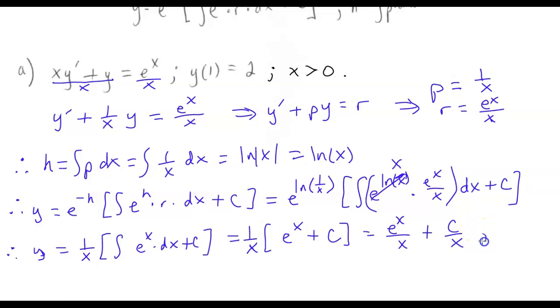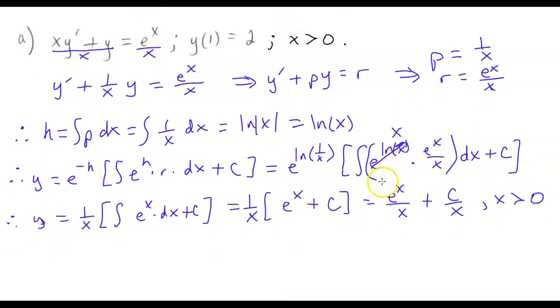And of course, we know that x has to be greater than 0. So that is what our y would be. So let's go ahead and note that now. So y of x is just e to the x over x plus c over x, x greater than 0.